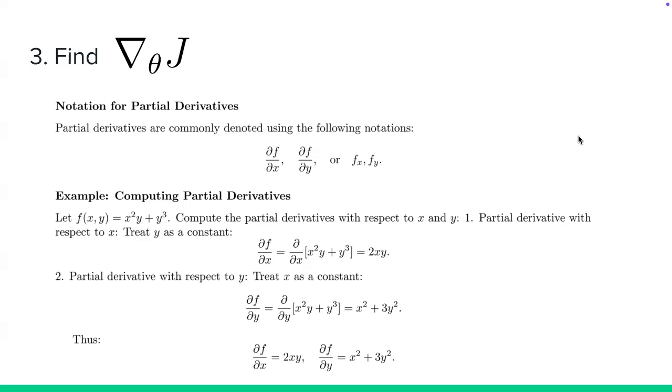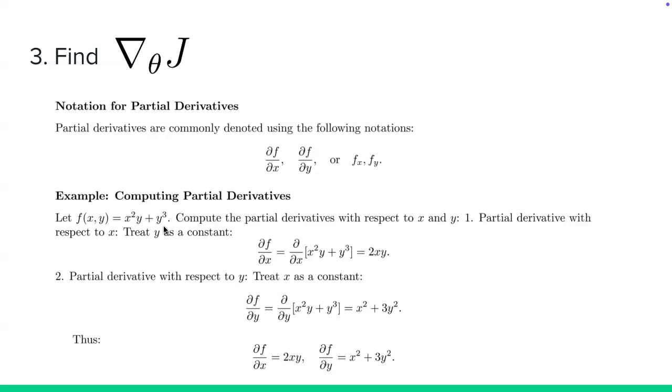It's just one variable. But what if you have a function with two or more variables? Like this example, f of x, y equals x squared y plus y cubed. How do you compute the derivative for this function?